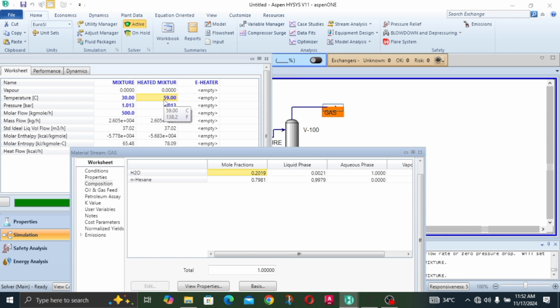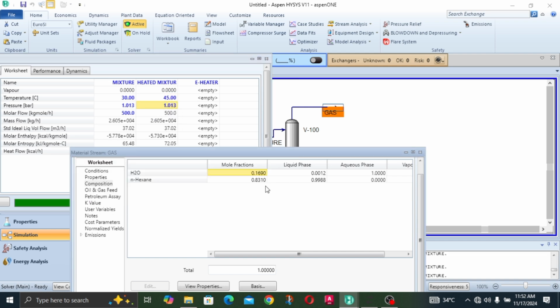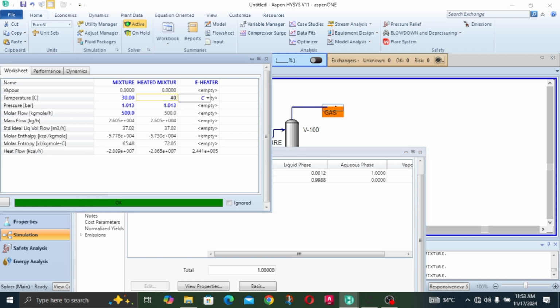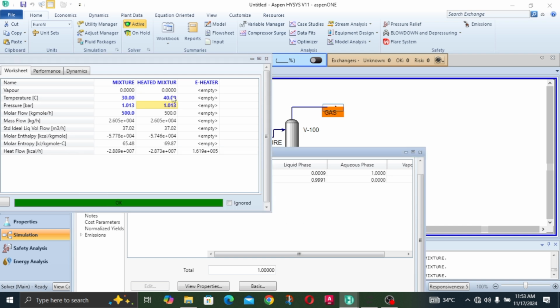So let's make it 45. We heat it to a temperature of 45. And as you can see, we have 83% hexane, 16.9% water. Let's make it 40. Let's make it 30.